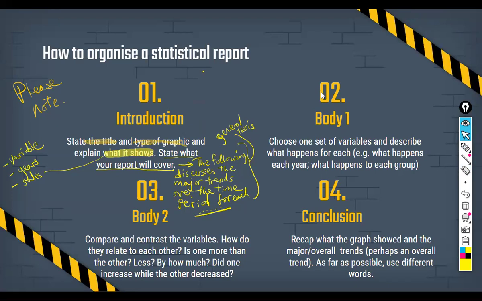All right, then we come to point number 2. Right now, for this first statistical report, I'm suggesting 2 body paragraphs. So the first body paragraph, choose a set of variables and describe what happens for each. So for instance, each year, what happens, or in each group, what happens.